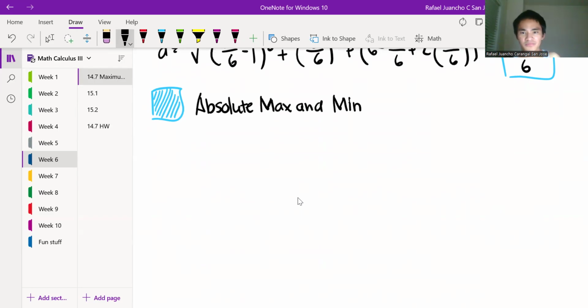Let's see. Okay, so just as for single variable functions, the absolute max and min values of a function f of two variables are the largest and smallest values that f achieves, right? So here we have a definition.